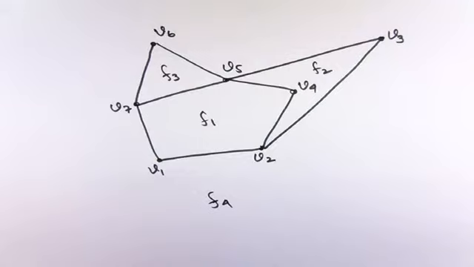Now, if you look into, say, the face F1 and the face F3, if you go in the counterclockwise order, this edge, this edge, this edge, so you go from V5 to V7. That is the order in which you will go counterclockwise. Now go counterclockwise on F3. It will be V6, V7, V7, V5. So if you go on F1, the edge actually goes from V5 to V7. If you go on F3, it goes from V7 to V5.